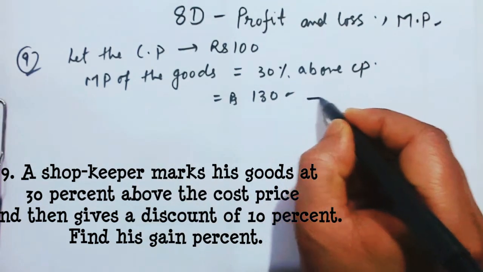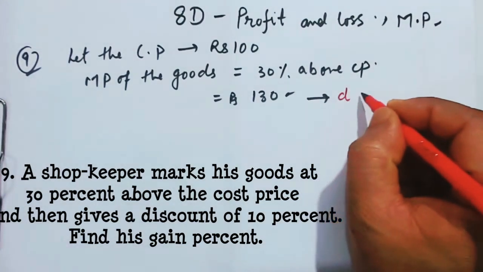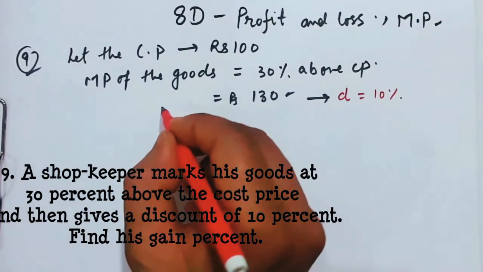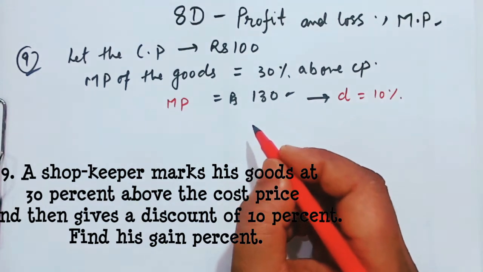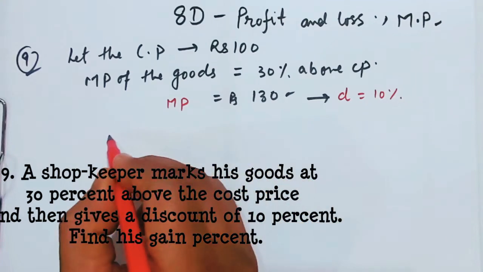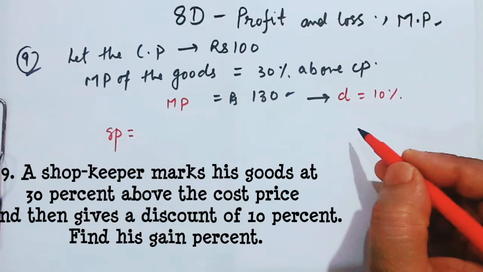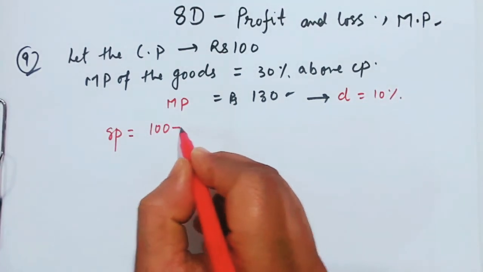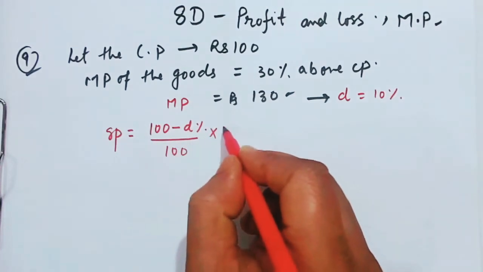Now when the shopkeeper gives a discount of 10%, naturally the discount will be given on the mark price of the goods. So the mark price is 130 and the discount is 10%. What will be the selling price? Selling price is equal to (100 minus discount percent) by 100 into mark price.